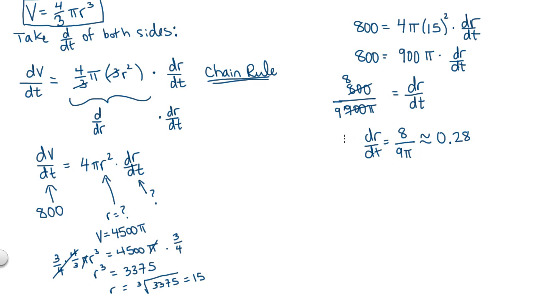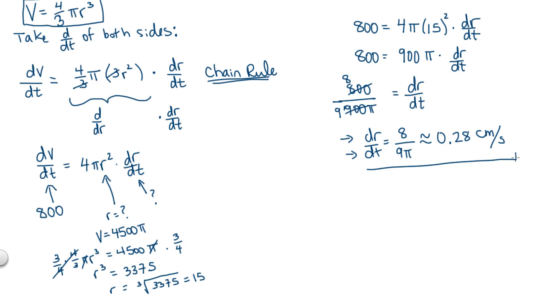Remember, the best way to think about our units is to look at the units of your top variable, r. Well, the radius was measured in centimeters, divided by whatever the units of t are. So the units of t are seconds. So it would be 0.28 centimeters per second.